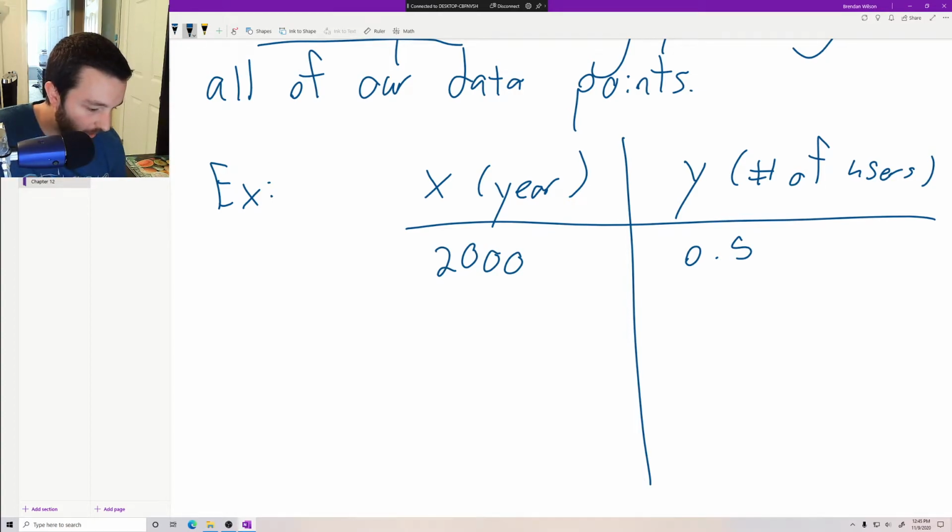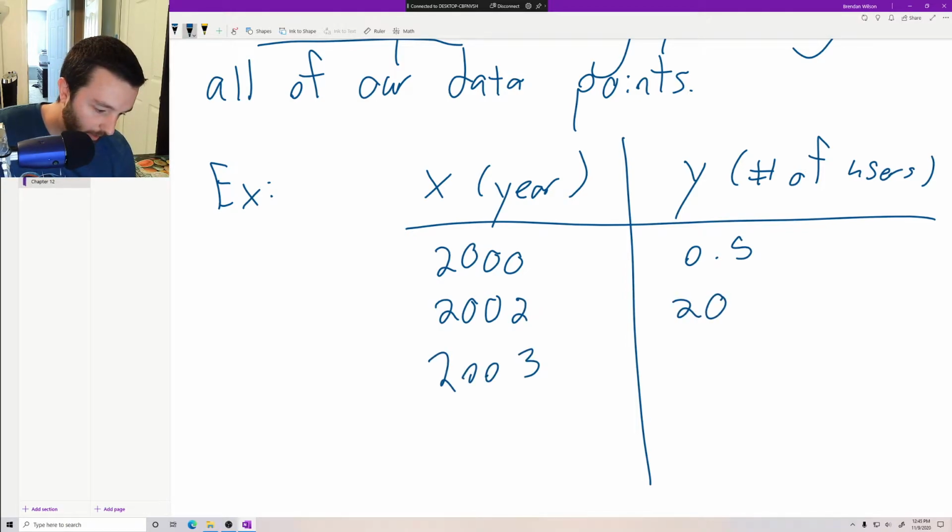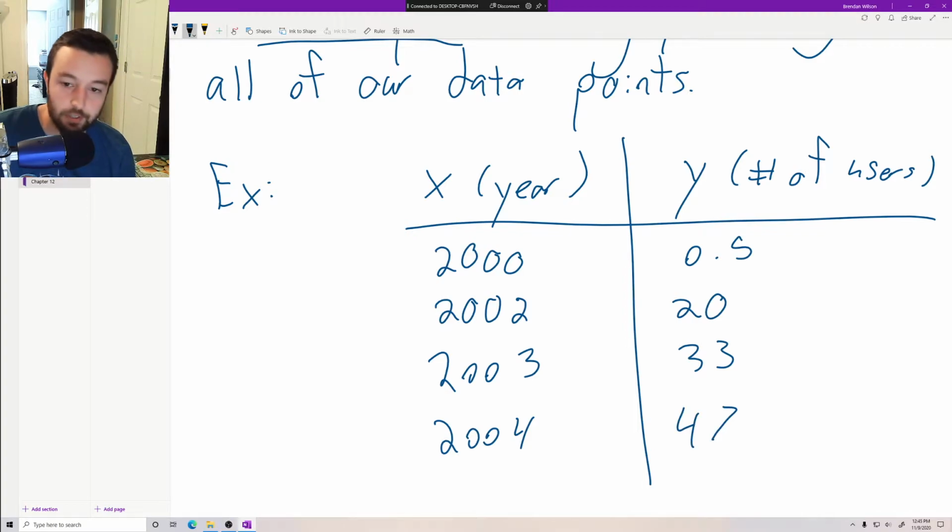The users is in millions, so it's 500,000 users. In 2002, they have 20 million users. 2003, they have 33 million users. 2004, they have 47 million users.